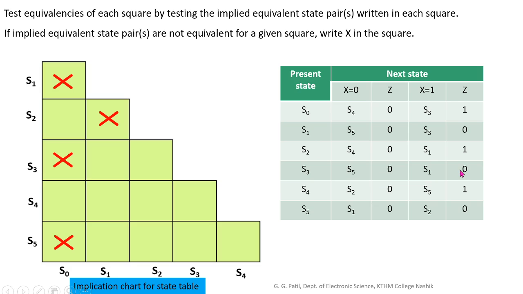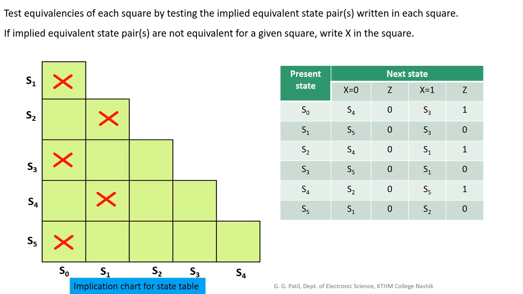So the outputs of S1 and S3 are same, so let it remain blank. Next, S1 S4, check the output. 0 0 same, 0 1 different, so place the cross mark there. Then S1 S5: 0 0, 0 0, so let it remain blank.